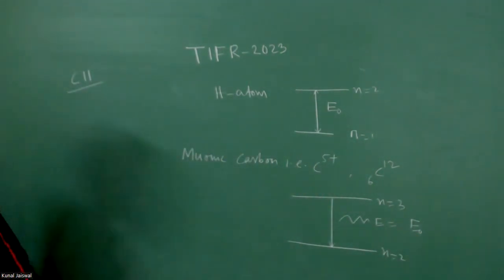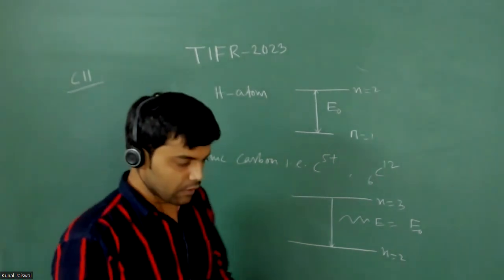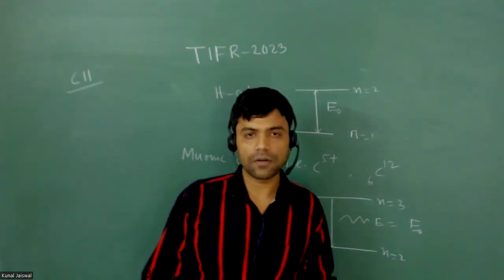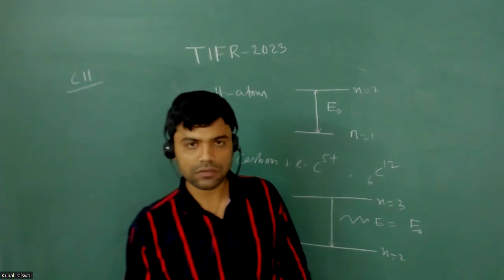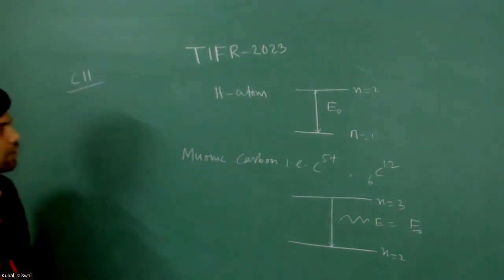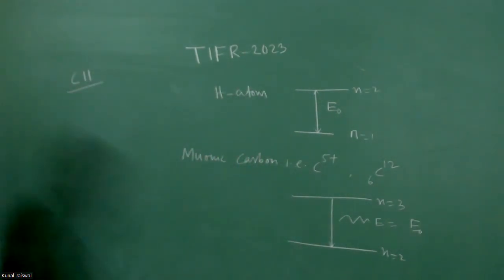It's a very interesting question. If you solve this question, the concept of the effect of finite nuclear mass in Bohr's model will be completely cleared. So let us discuss every step.